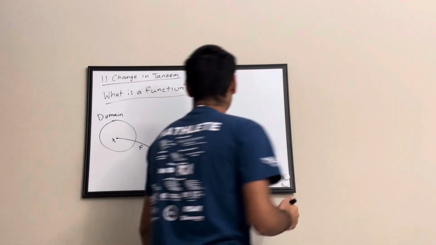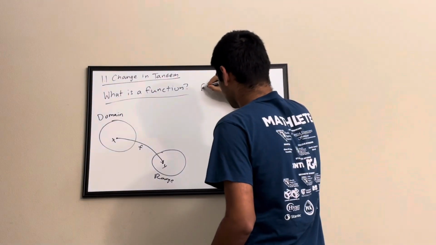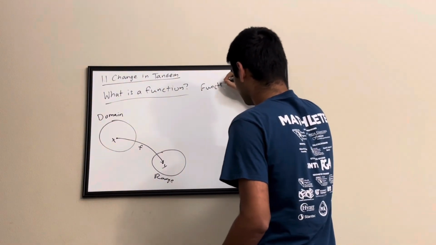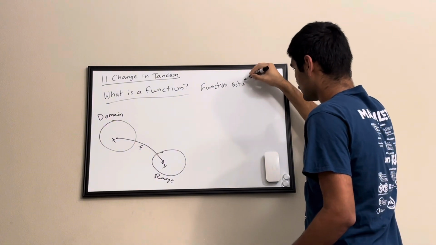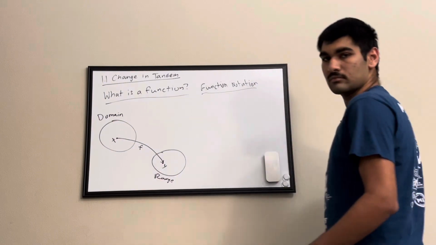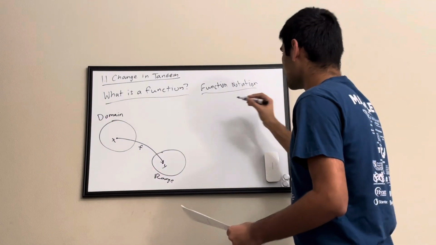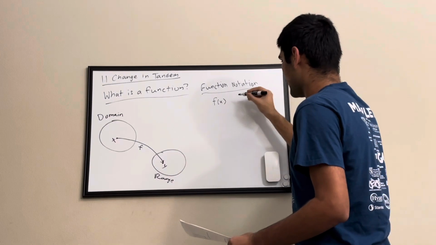So then let's talk about function notation. Function notation looks like this. This is read as f of x.